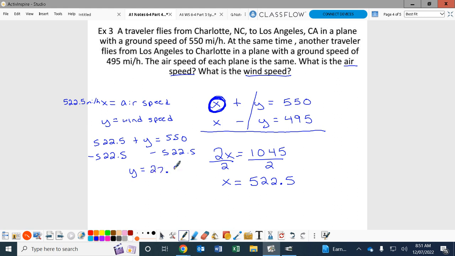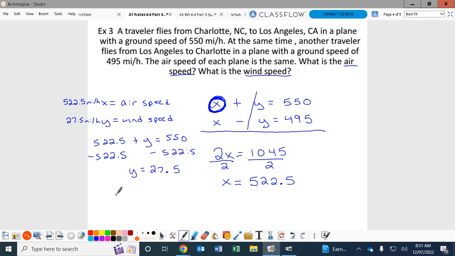No, can't be negative. The wind's not going to go negative. The slowest wind can go is 0. Check the math on it again. I just want to make sure. Should be 27.5 miles per hour. You got to do 550 minus the 522.5. We good? Everybody good? Okay.